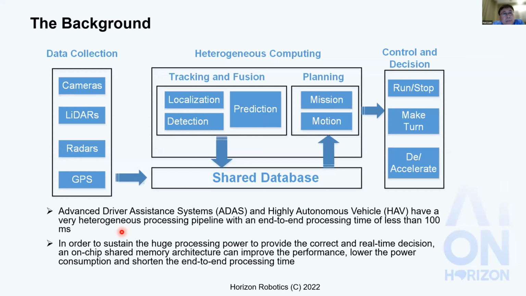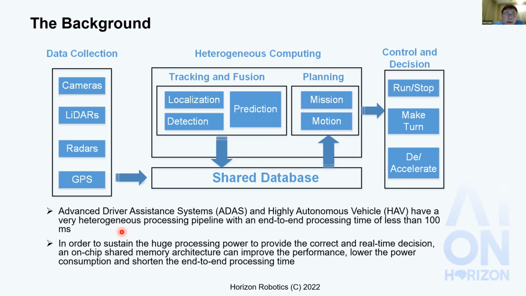This is the relevant background. As shown in this picture is a typical ADAS and HAV processing pipeline. Starting from the left, the raw data will be fed in by a number of cameras, lidars, and radars. This will be the basic constructing elements for the object identification and tracking phase.